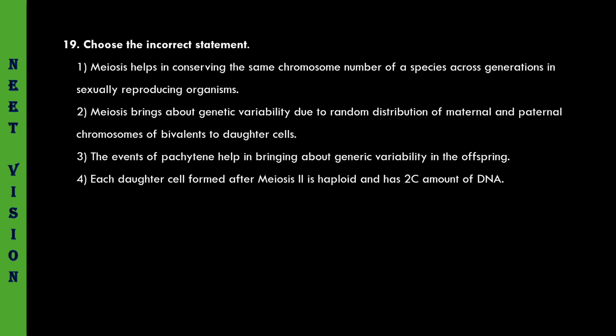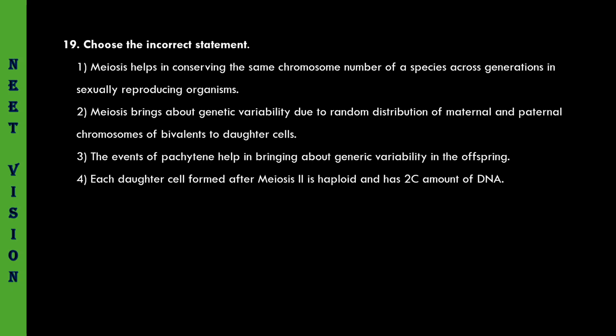The daughter cells formed after meiosis II will have the haploid number of chromosomes and 1C amount of DNA but not 2C. So the fourth option must be the correct one.